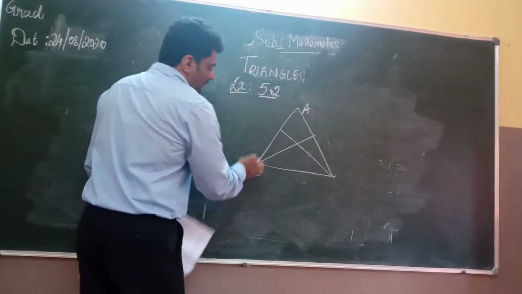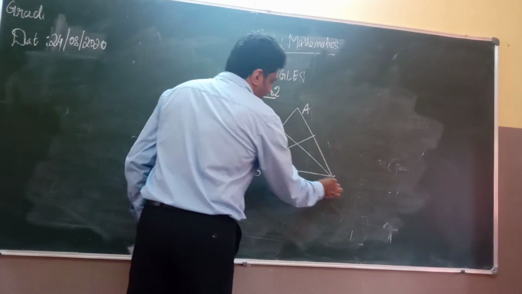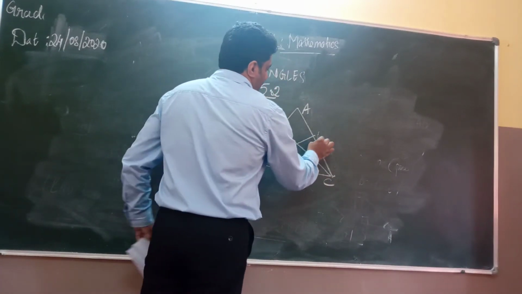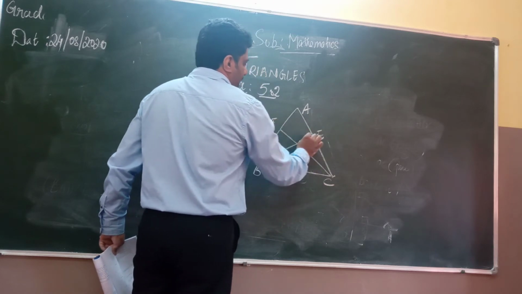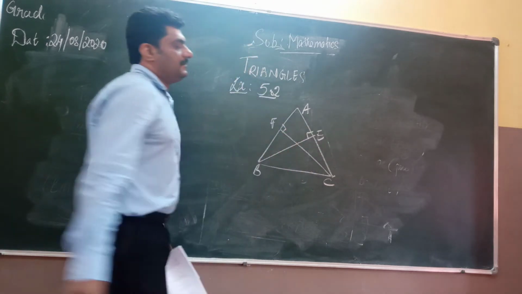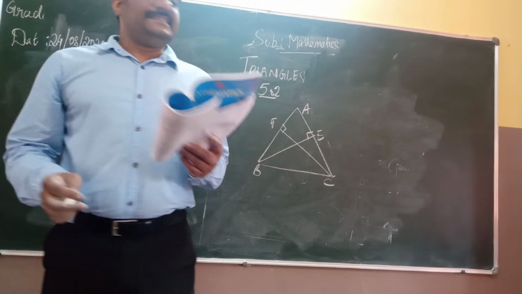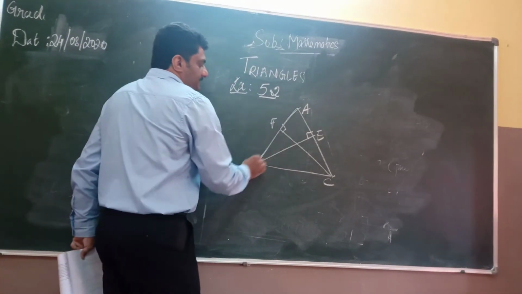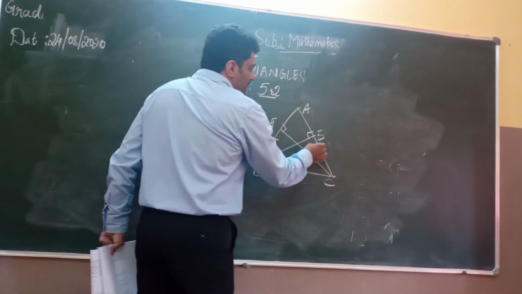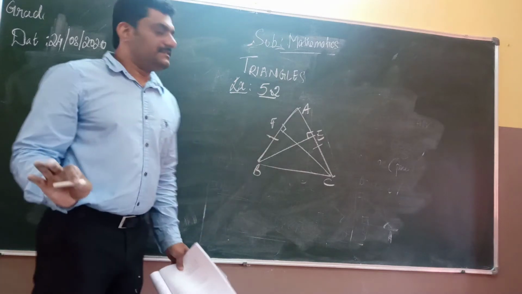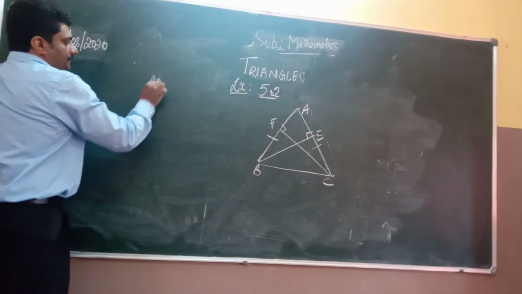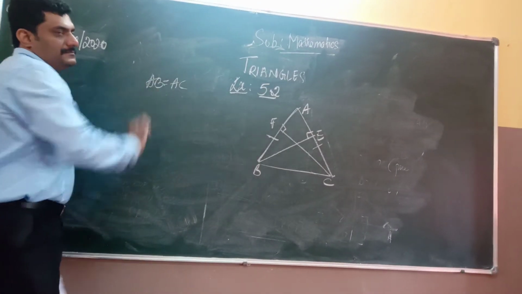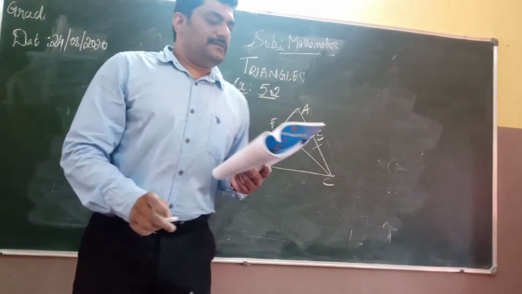A, B, C, E, F. ABC is an isosceles triangle. Whenever they talk about an isosceles triangle, AB is equal to AC. Done? It is given.